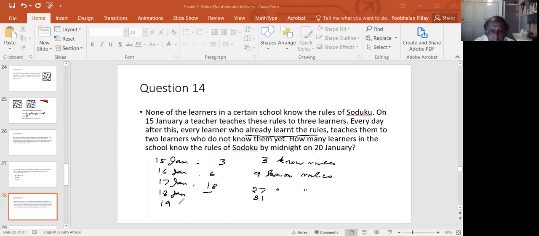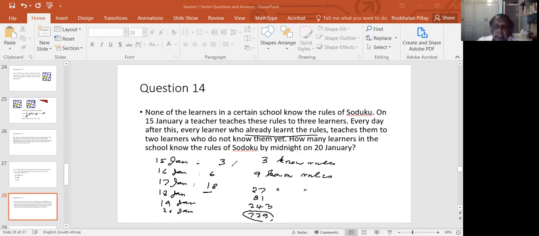The 19th of January, you got 243. You have to multiply that by 3. And on the 20th of January, that's when we need to get to. You have to multiply this by 3. You get 729. So the question is, how many learners know the rules by midnight on the 20th of January? And the answer is 729.